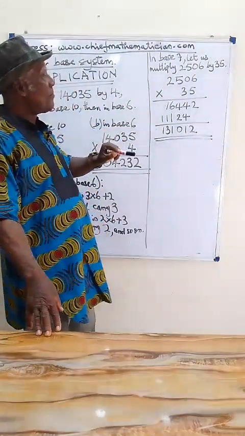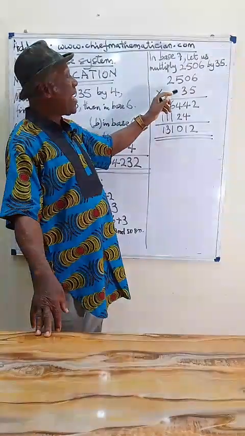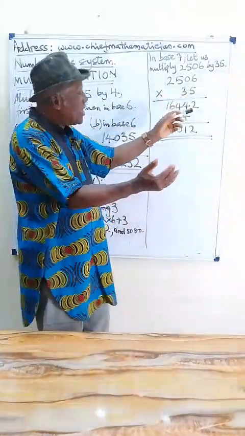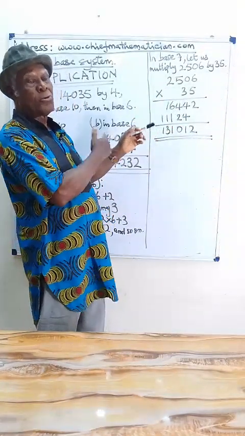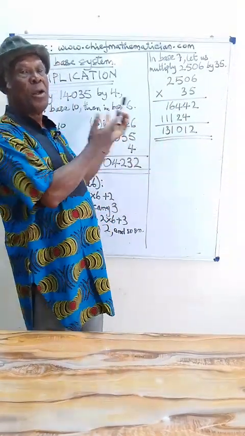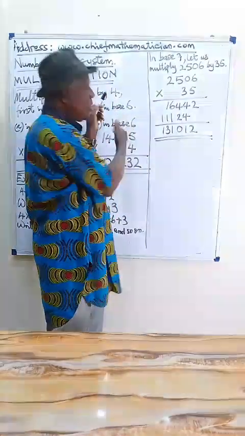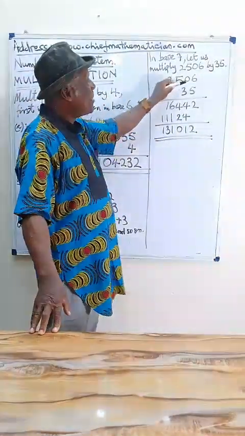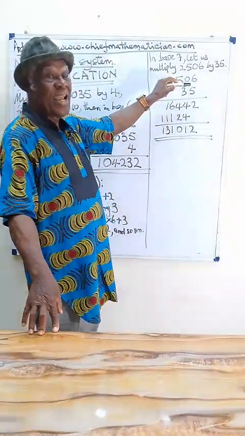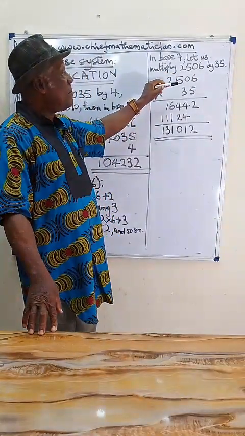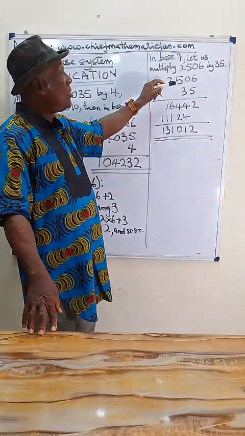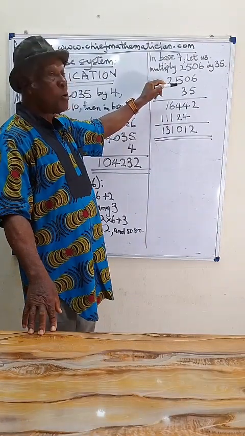You now begin to multiply by 3. This time, you will shift a column to the left. That is exactly what we do in base 10. So 3 times 6 is 18. 18 in base 7 is 2 remainder 4.